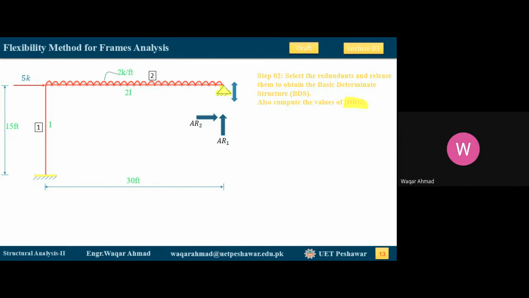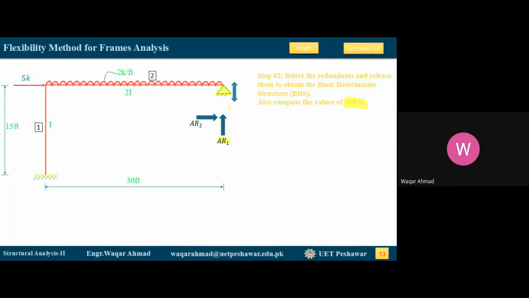it means that there is a support settlement corresponding to the AR1 direction, because AR1 is pointing upward, vertically. It is a vertical redundant action. Now if there is any vertical settlement in this support, then we have to write it corresponding to redundant action 1.